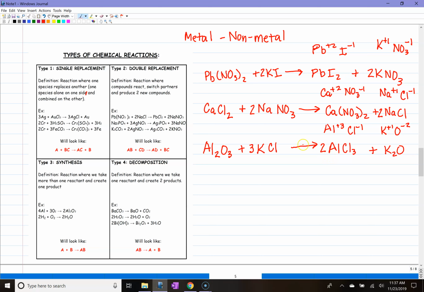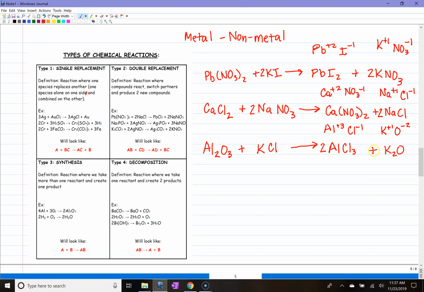But I can see that's not going to work because I already have 6 chlorines on the product side. So sometimes balancing equations is a trial and error thing.